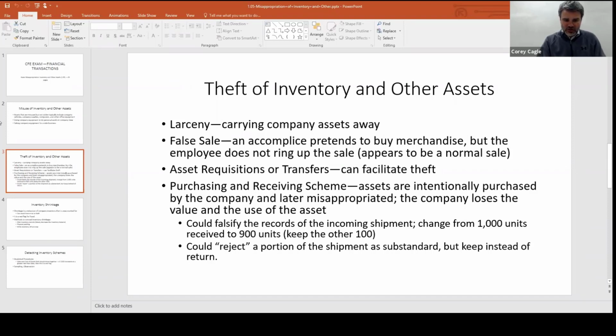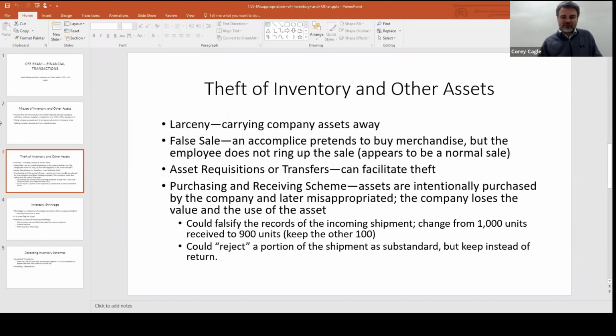Let's see, purchasing and receiving scheme. So you buy assets just for the purpose of taking them, right? It's like I'm putting in a little requisition, or purchase order, for this, and it's going to be mine.